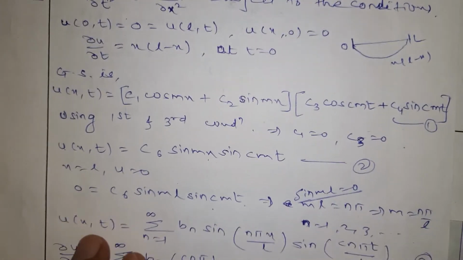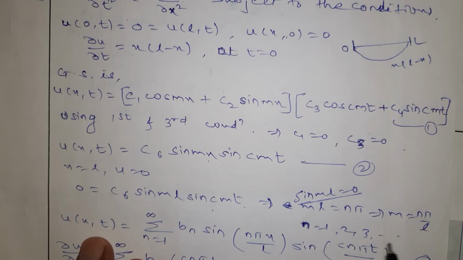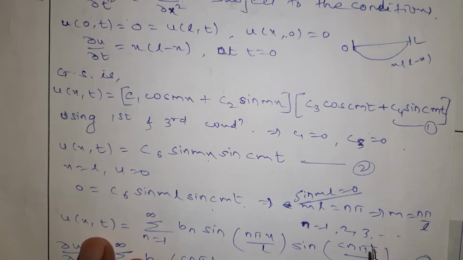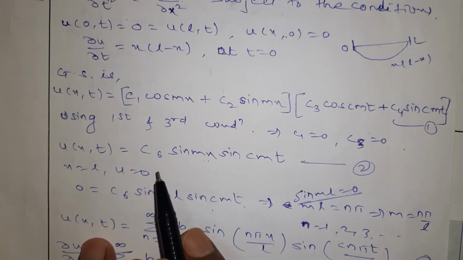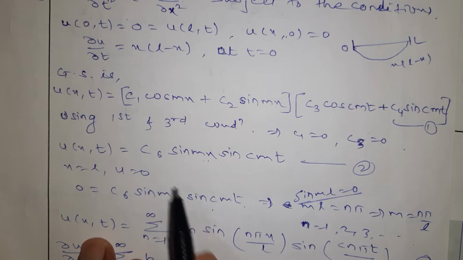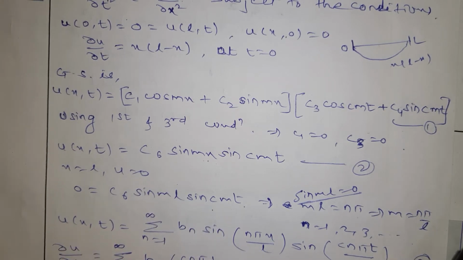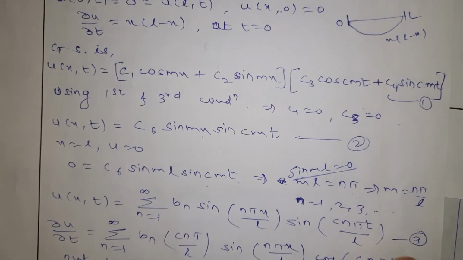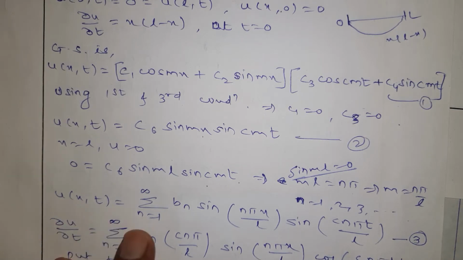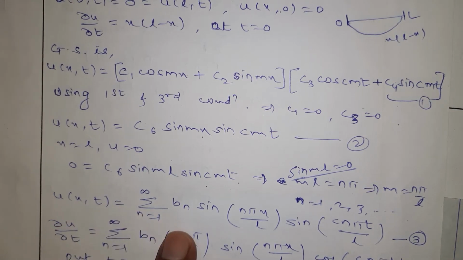So m is equal to n pi upon L, n equal to 1, 2, 3, and so on. Substitute that value and replace c6 by bn, as we did in the last session, and also in the heat equation. So u of (x, t) is equal to summation n equal to 1 to infinity bn sin(n pi x upon L) sin(c n pi t upon L).